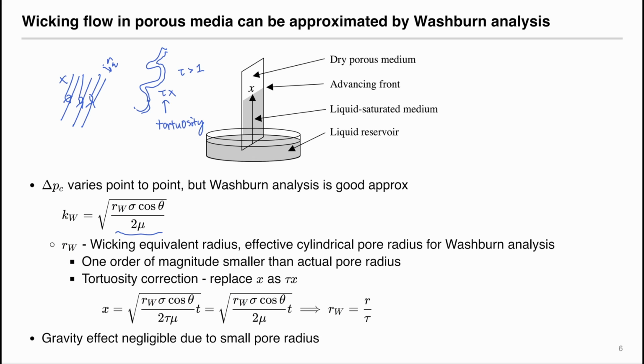So if we correct for tortuosity, we replace the X in the Washburn equation by tau times X, and we compare the form of the Washburn constant for porous media. Essentially, we have that the wicking equivalent radius can be interpreted as the actual radius divided by the tortuosity. And because we have a very small pore radius, the gravitational effect is negligible. So even for a vertical wicking through a porous media, we can neglect gravitational effect.